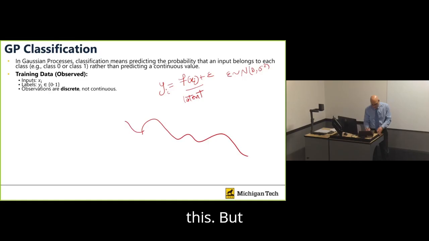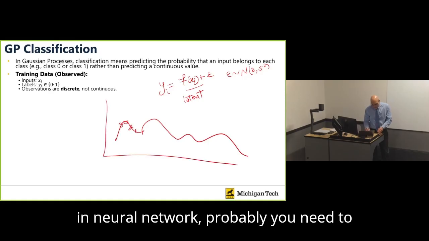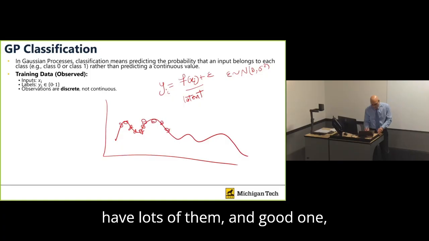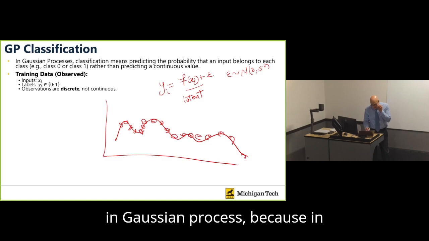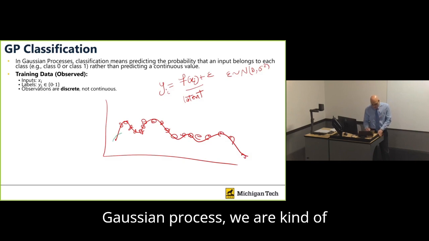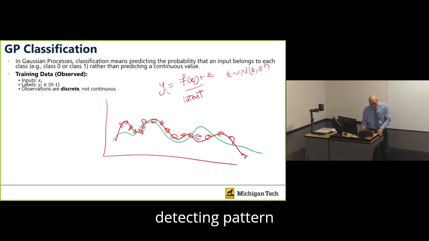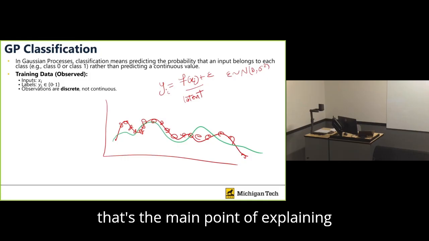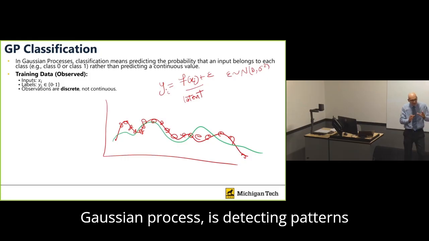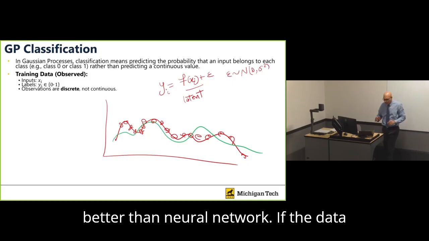But in neural network, probably you need to have lots of data, and good, not biased. But in Gaussian process, we are detecting patterns better. That's the main point of explaining Gaussian process, is detecting patterns better than neural network.